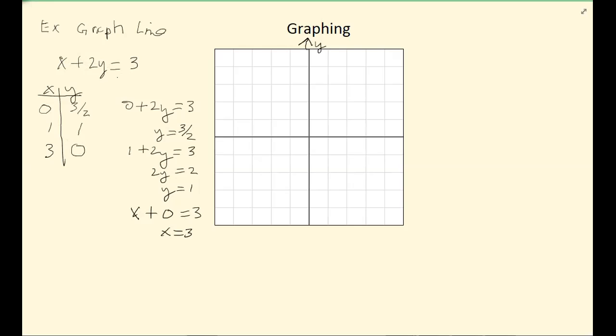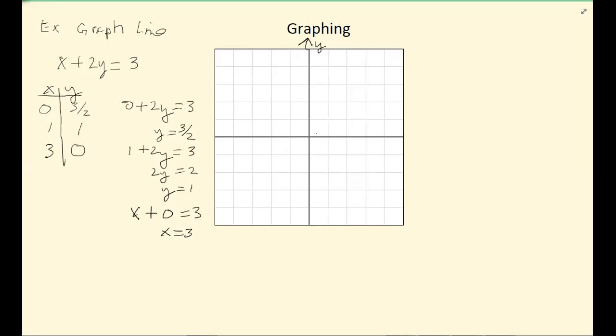We know that from geometry. I have 3 points in my table here, and I only really need 2 of them, but I can check to see if they all line up just to be sure. In ALEKS, I believe you only need to plot 2 points to create your lines.